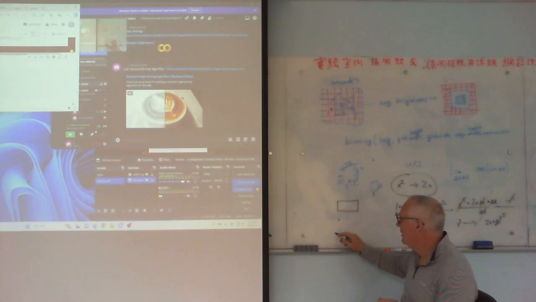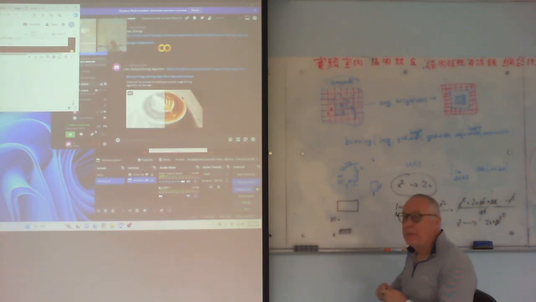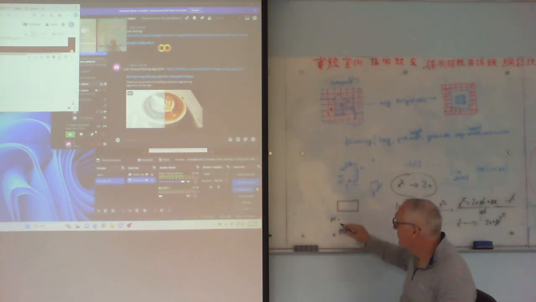And if the brightness is 255, then it should be no black at all. And if it's 0, then it should be all black. So now we need to figure out a way to calculate a size given any value in between here.